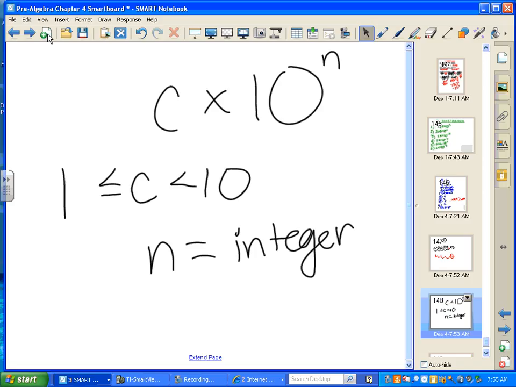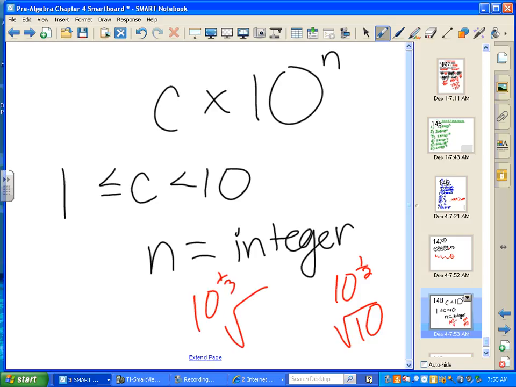Because then you get into square roots of things and fractions. For example, I don't want to confuse you, but if you have 10 to the 1/2 power, that means square root of 10. If you have 10 to the 1/3 power, that means cube root of 10. That's algebra 2.